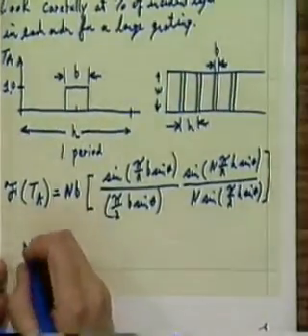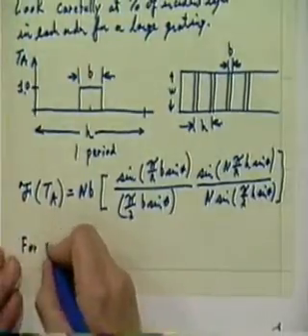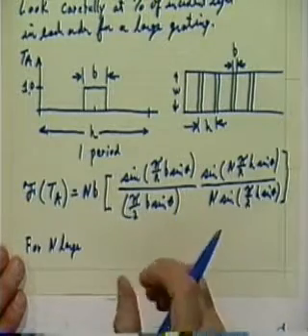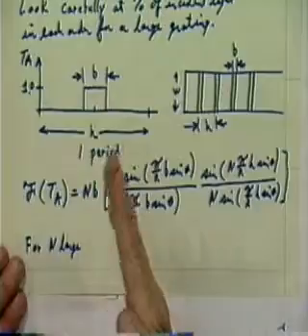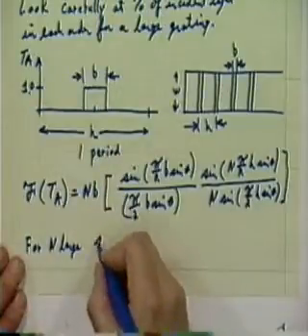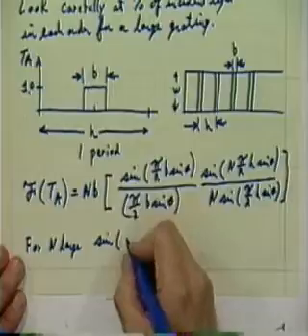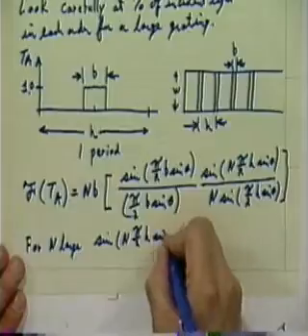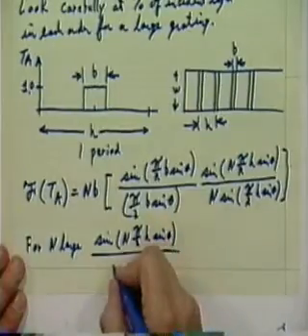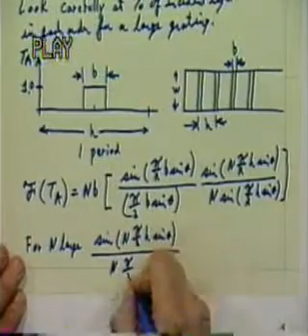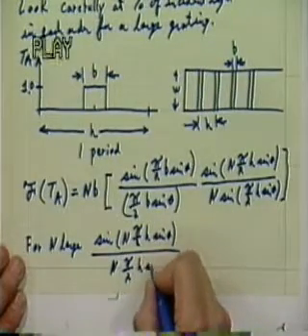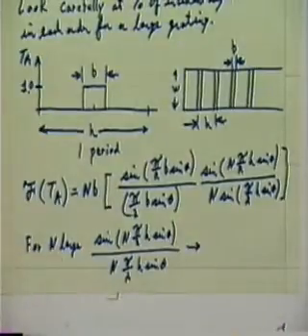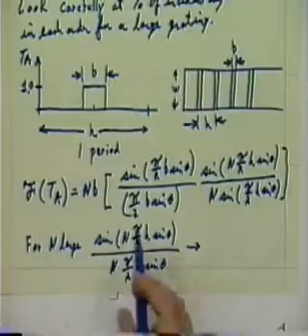Now we want to let n become large. Lots of slits. And so remember, as the number of slits increased, the fringes got sharper and sharper. And so this function here, sine of n pi over lambda h sine theta over n sine of pi over lambda h sine theta, as we let n become large, what do you think is going to happen to this thing?